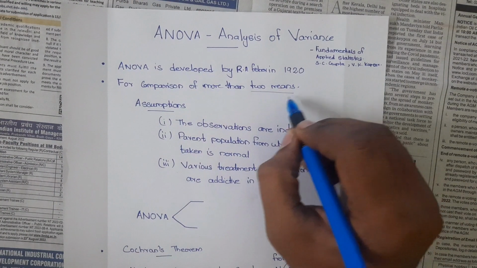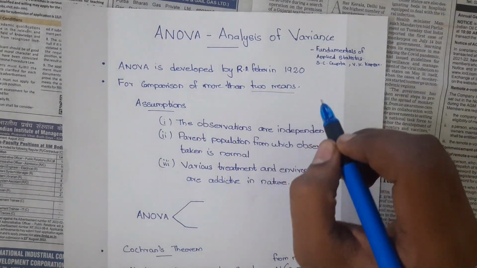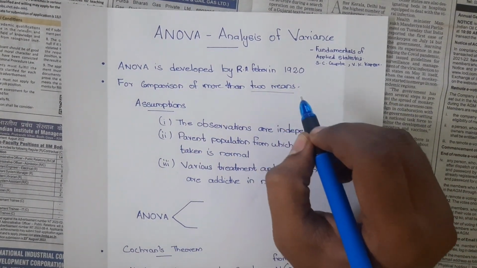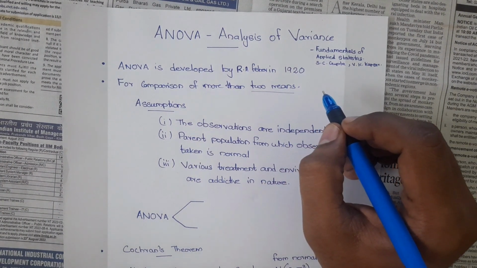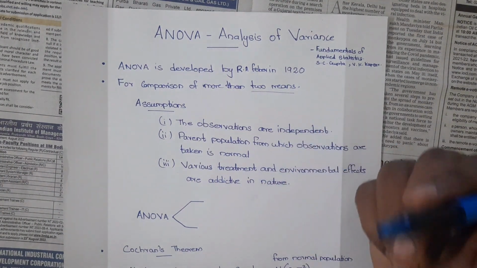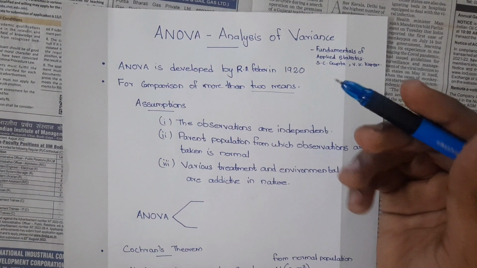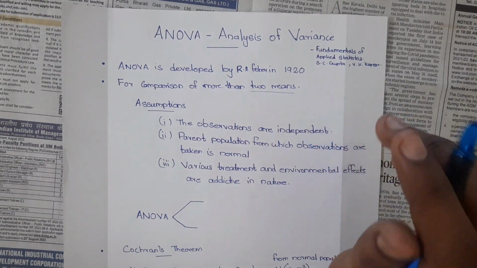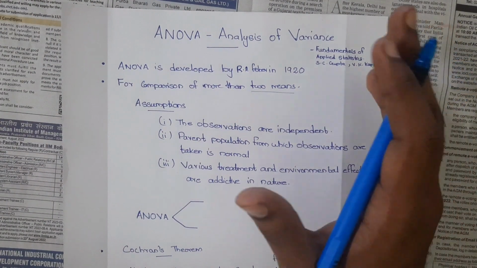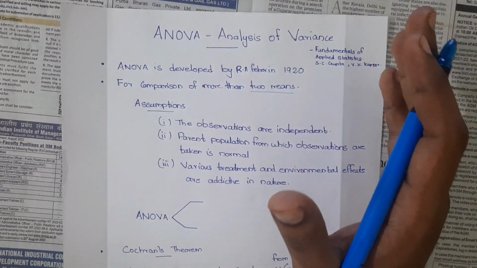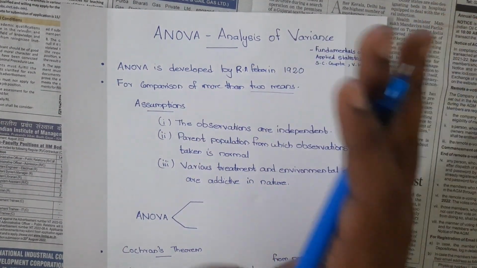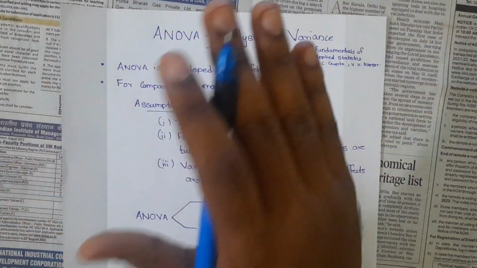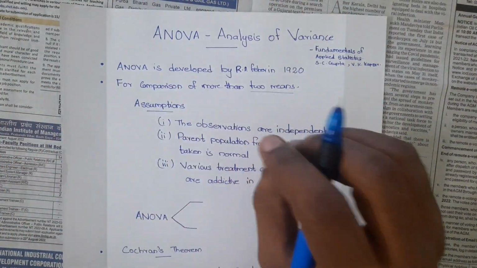Then where did ANOVA come in? ANOVA is used when there are more than two means. Then the first question is, why can't we use the Z-test or T-test in this situation? The main reason is that for conducting a test, we have a level of significance, or probability of type 1 error. For each test, we have a fixed level of significance.